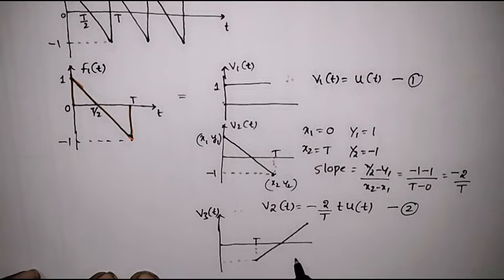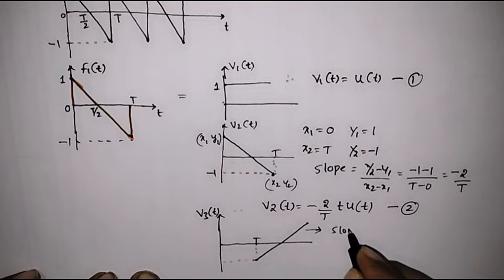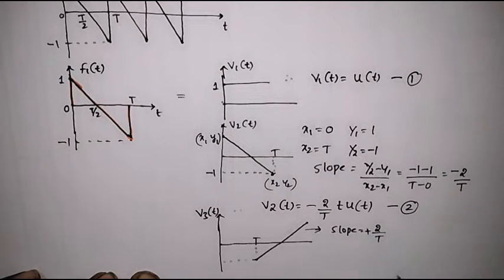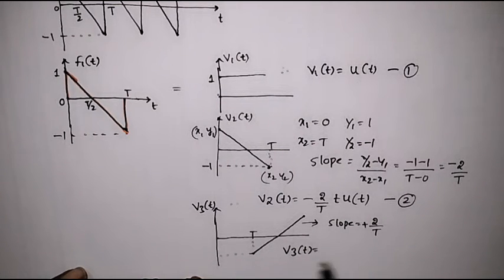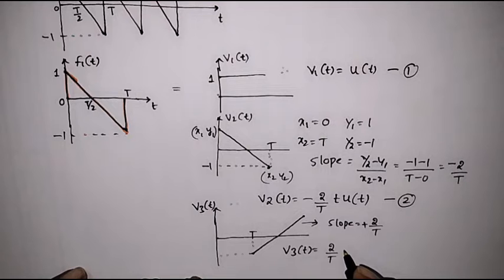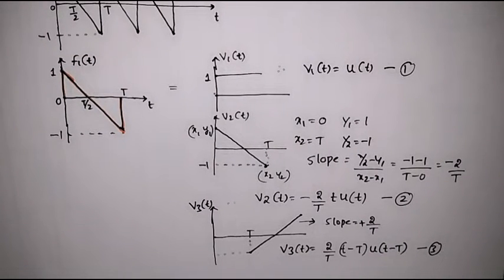So v3 of t is equal to 2 by T, the ramp signal started at t equal to T, so I can write it as (t minus T) u of t minus T. I will call it the third equation or third waveform.